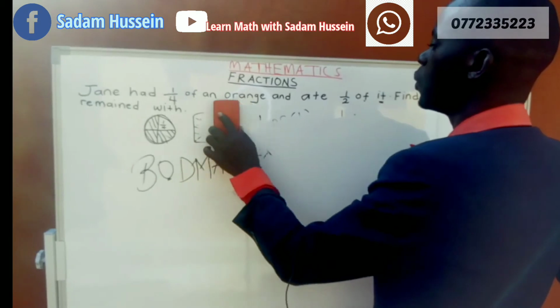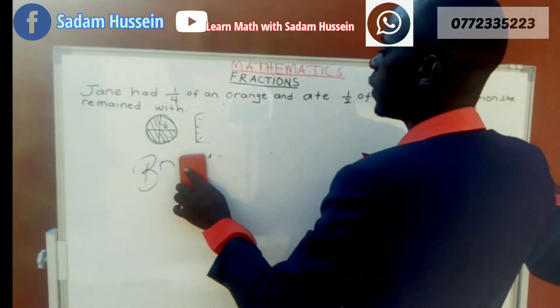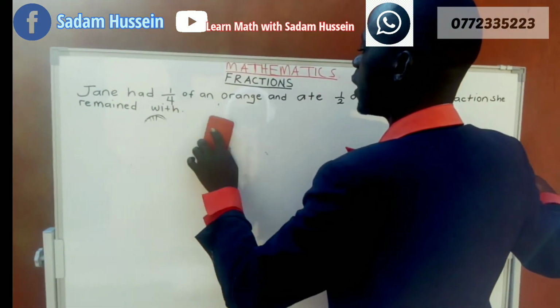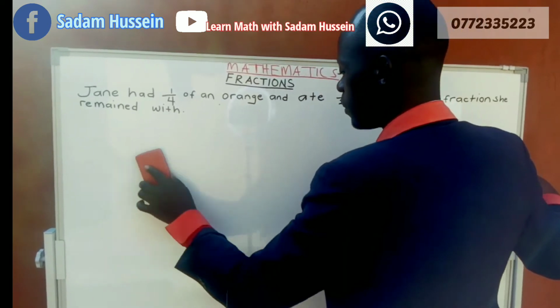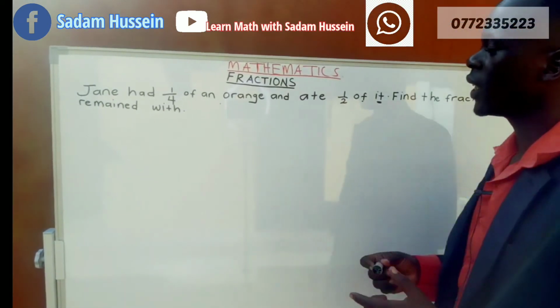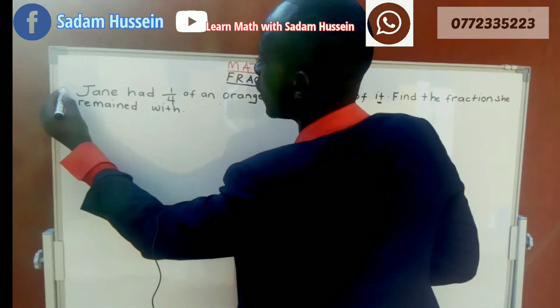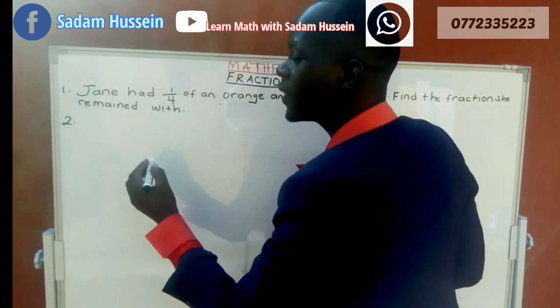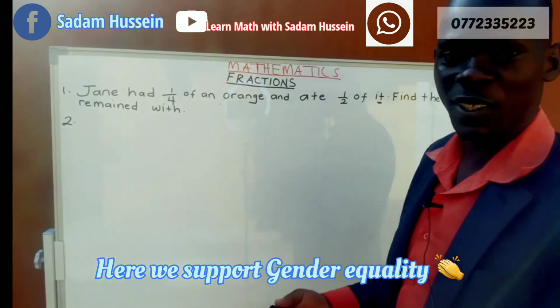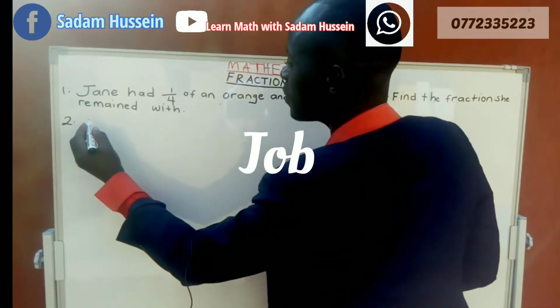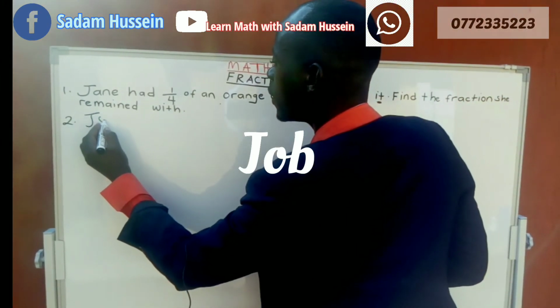I want you to note this down carefully. I'm going to use one of your names. Let me use Sarah. No, people will say we are using girls. Let me use a boy this time. Job. Let me use Job.